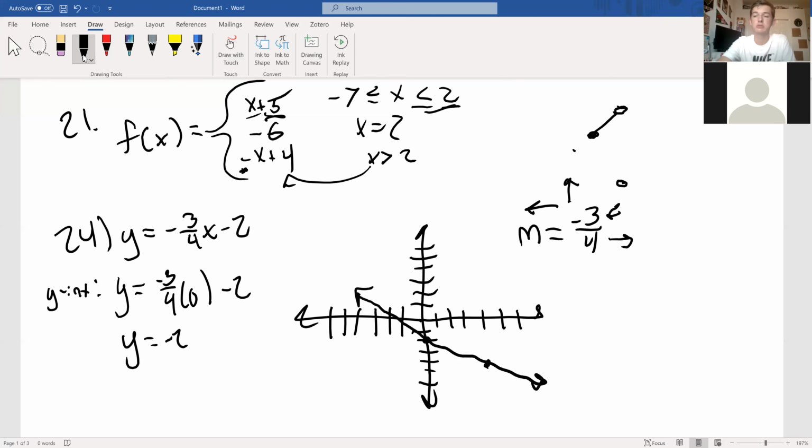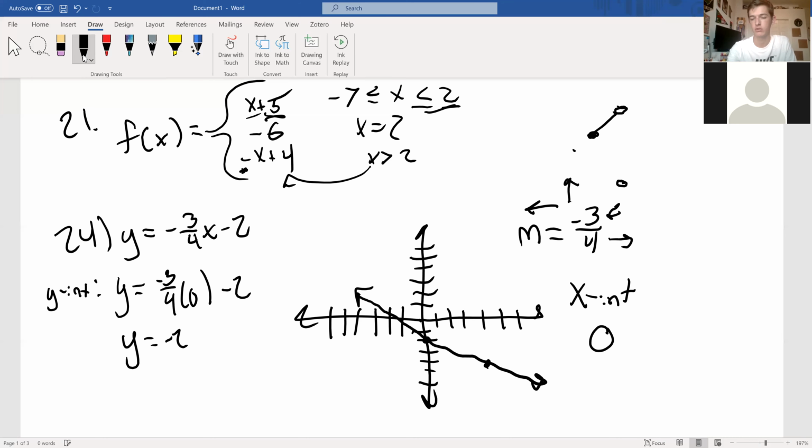Another thing you could do, which might make it easier, I think she did say she recommends that you plot as many points as possible, which you would plot as many as you could using this slope method that I just did. You could also find the x-intercept by plugging in 0 for x and solving, or plugging in 0 for y and solving for x.